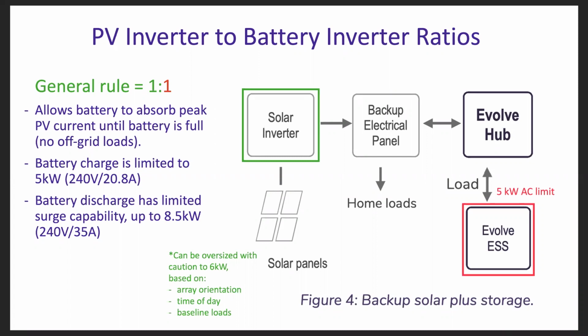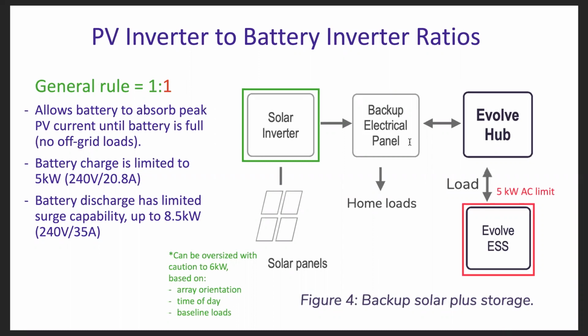The sizing that's important to pay attention to on the backup loads panel is such that we don't want to provide more than 5 kW of excess generation after these loads have been served to the battery, or else it will trip offline.